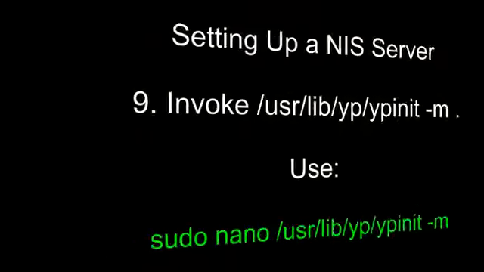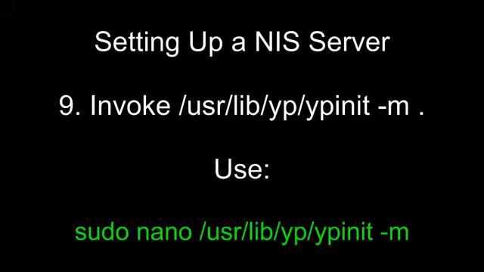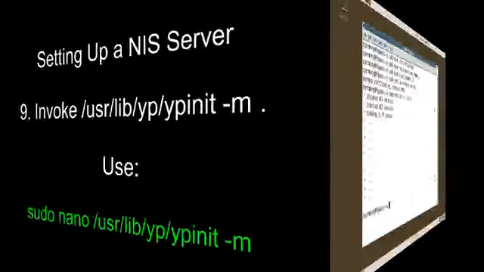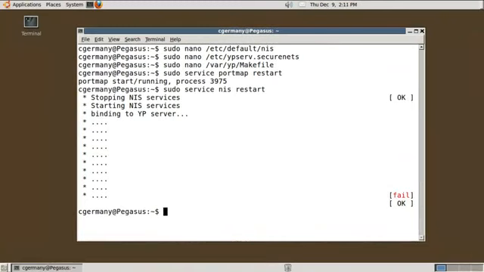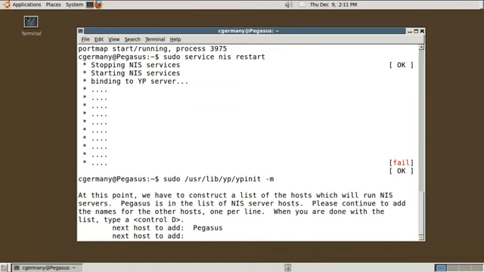But 9. Invoke /usr/lib/yp/ypinit -m. Use sudo nano /usr/lib/yp/ypinit -m. I need to go in and do one more configuration here. So I'm going to do sudo /usr/lib/yp/ypinit -m, add a spacer, then I need to configure the server.